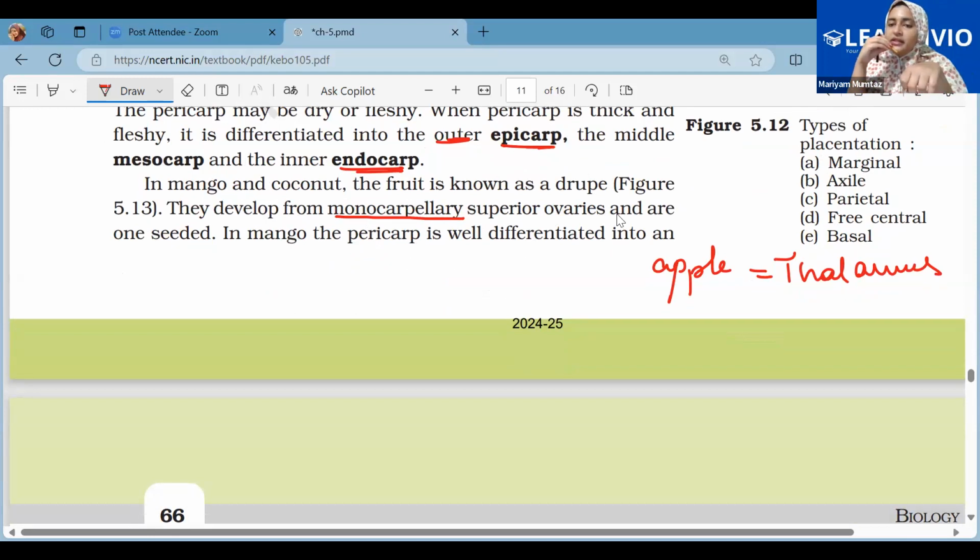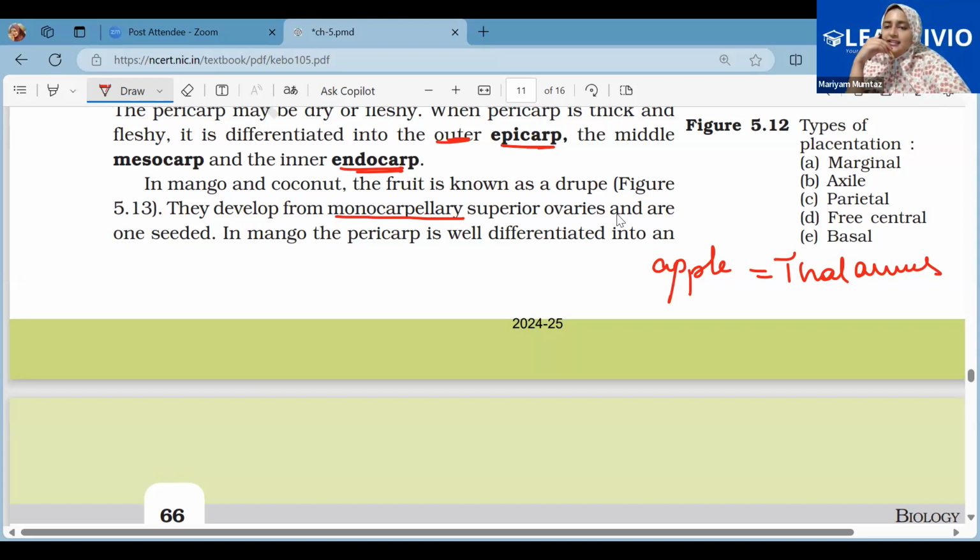And what do you mean by superior ovary, students? Superior ovary: the ovary is present above the other parts, higher than the others. And what is the name for superior ovary?